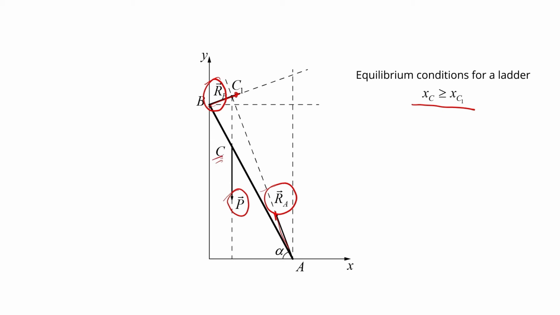The point C changes its position as the man is climbing up the ladder. When the man starts climbing up, the point C is here, then here, then here. When the point C is here, in other words, XC is less than XC1, we state that the equilibrium condition is disturbed.